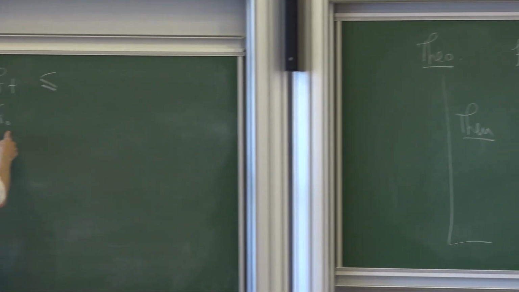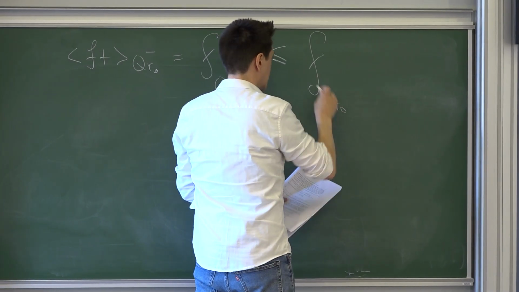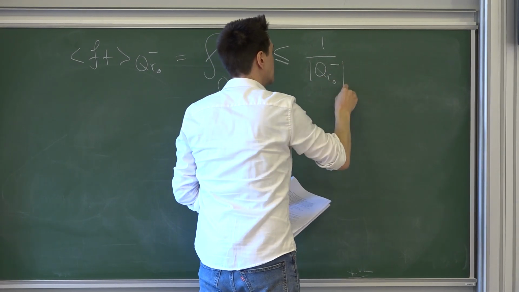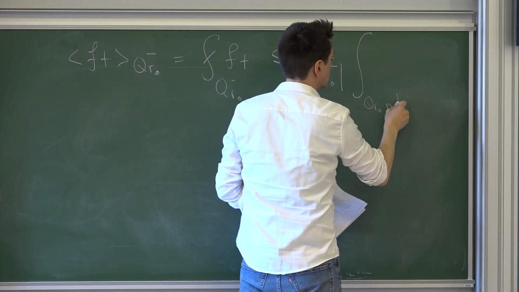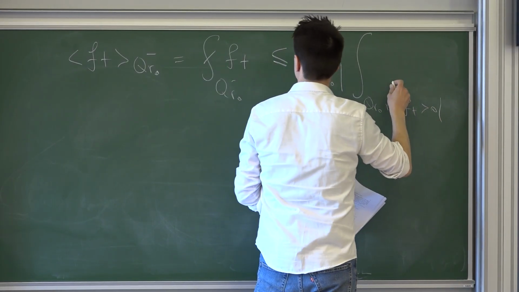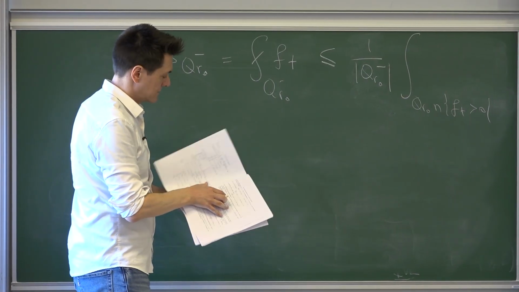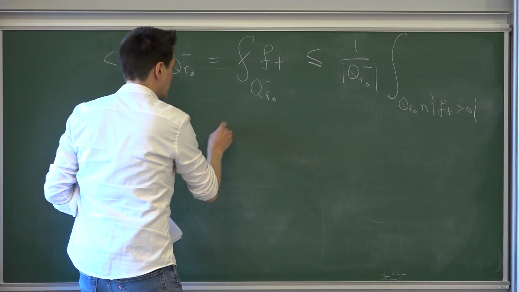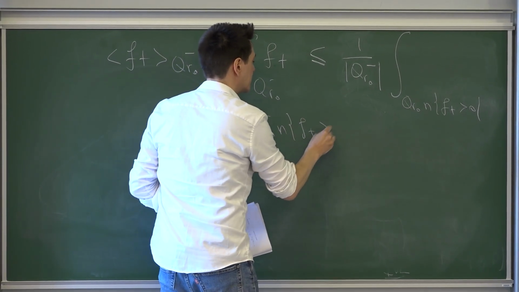Now, because f is less than 1, this integral is less than the integration where, so 1 over the measure times the integral where f plus is not 0. Just because this is less than 1, I can always reduce to this. So it is less than the measure where f plus is non-zero.